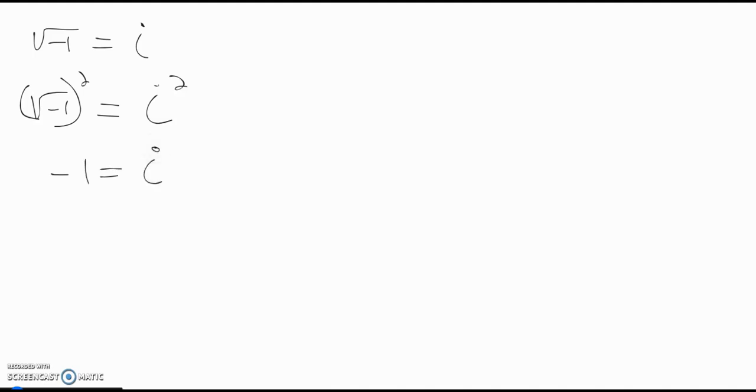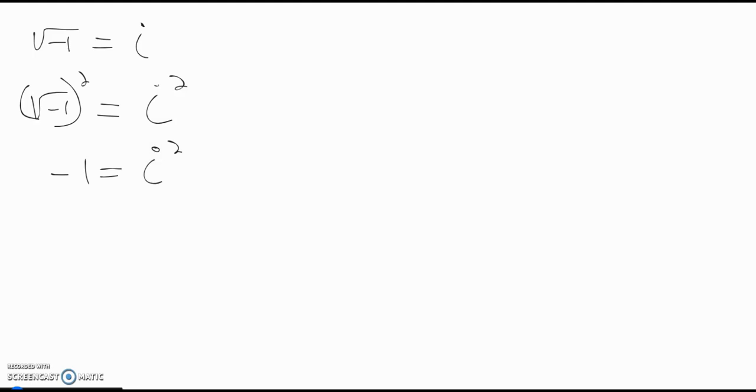So we're saying that the square root of -1 is represented as i, which means that I can say the square root of -1 squared is equal to i squared. Now, here the square would actually cancel the square root, so I'm going to have -1 is equal to i squared.